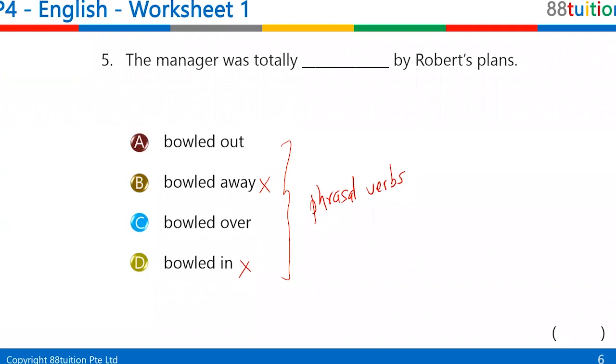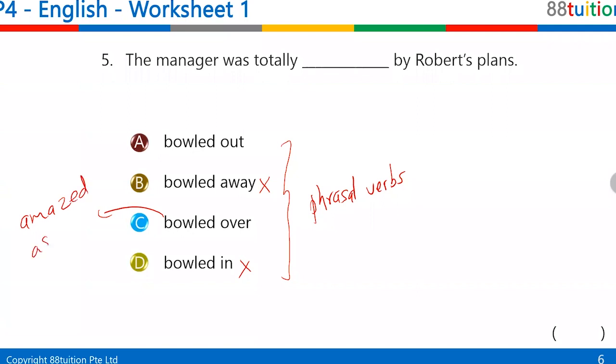But here it's nothing to do with cricket, right? Now, bowl over means someone is amazed or surprised in a pleasant way. That means it was amazing plans. So when the manager heard it, he was like, oh, wow. So that's bowl over, to be amazed. Amazed, astounded. So you don't think of only one word.